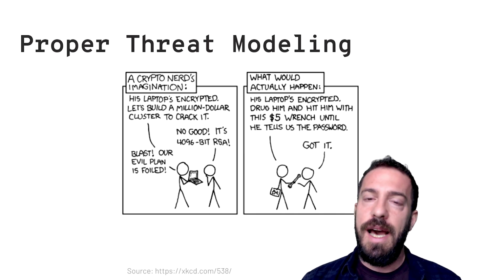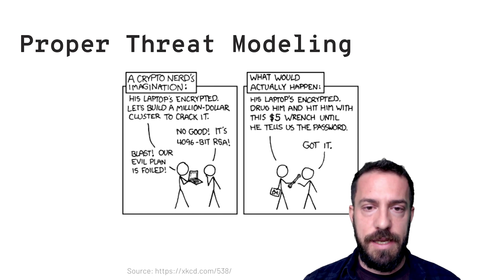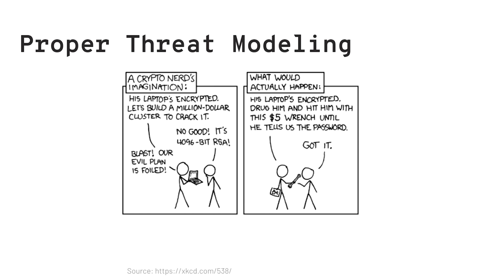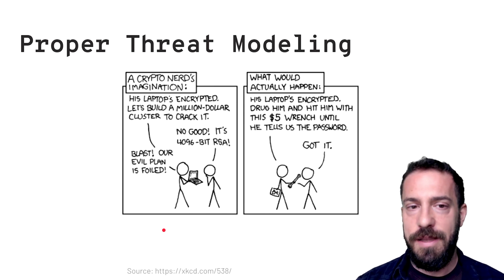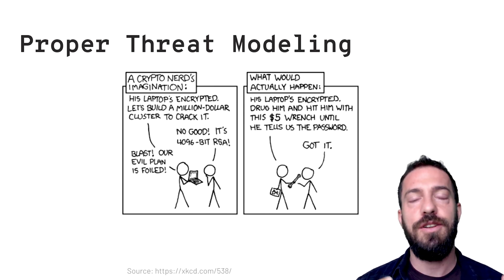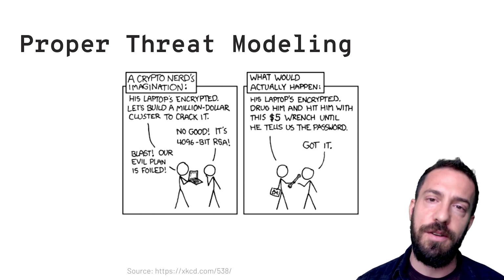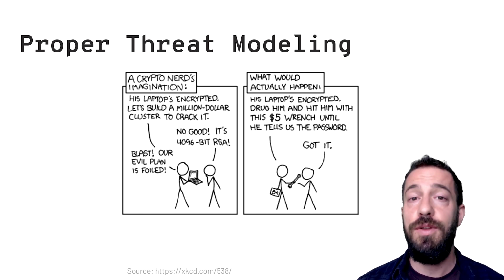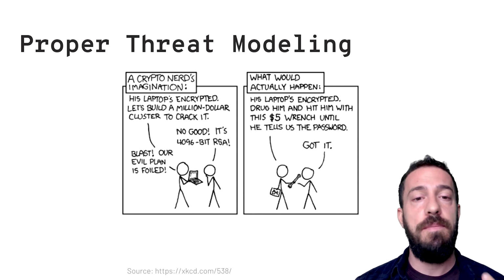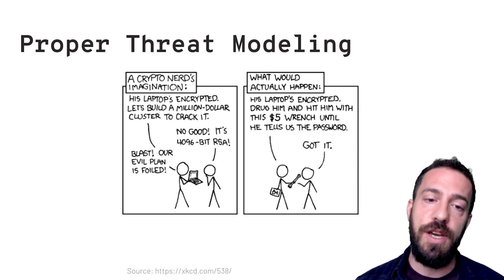So threat modeling has to, to some extent, be realistic, and I'm going to allow a few seconds for you to read this existing comic. The comic is taking a stab at proper threat modeling. What this is trying to say is, you're trying to protect your sensitive data, and to do it, you're trying to find the strongest encryption you can think of.